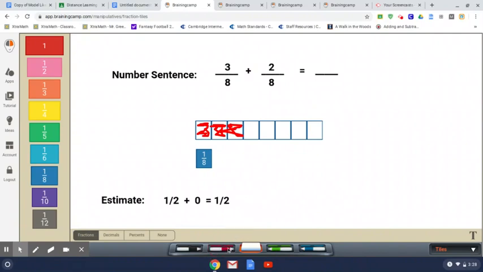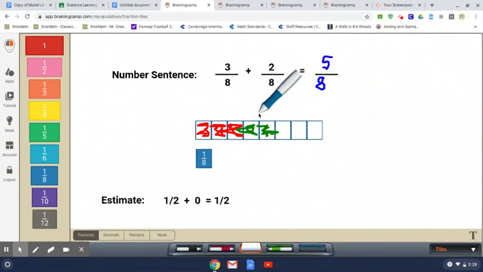And I'm going to shade in an additional 2 out of 8 parts. Now, when I look at it, I have 1, 2, 3, 4, 5. I have 5 out of 8 equal parts, or 3 plus 2 is 5. So I have 5, and I have 8 equal parts. So 5 out of 8, or 5/8 would be my answer.